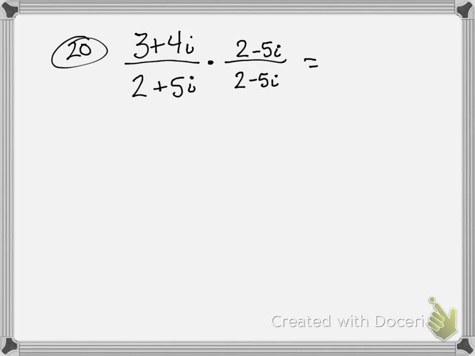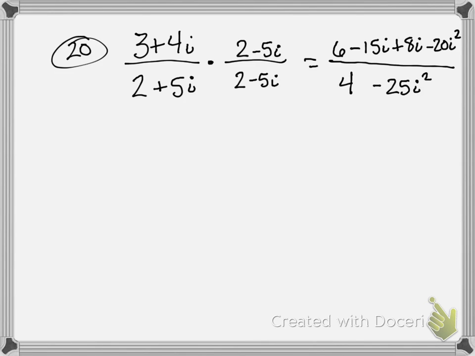What does that give us? 4i times 2 is, negative 20i squared. On the bottom, it's going to end up being 4 minus 10i plus 10i. I'm not even going to write that because I don't want to waste time there. Minus 25i squared because the stuff on the bottom cancels.